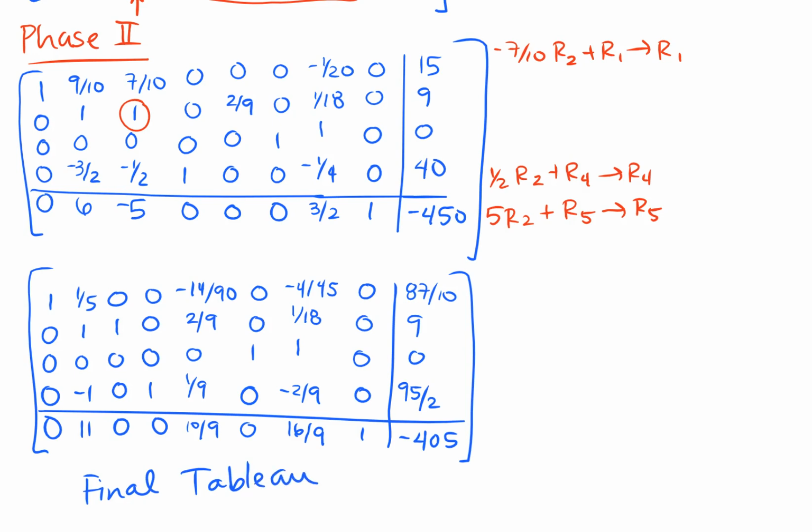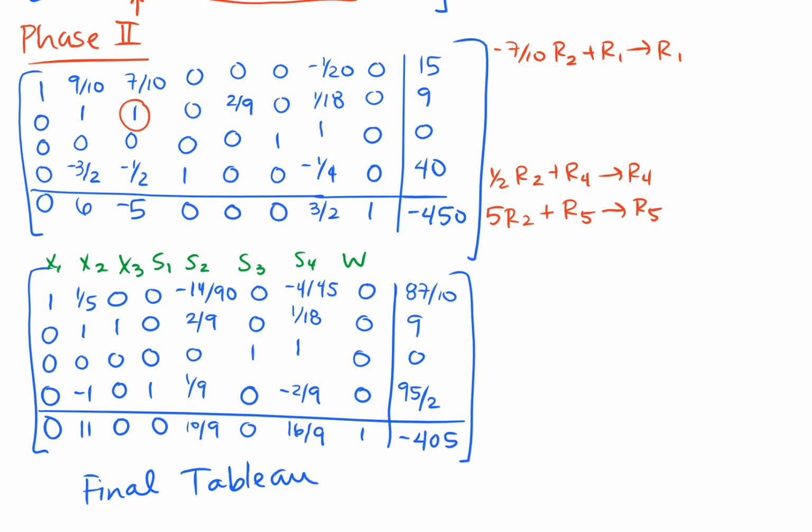Alright, so now that we have the final tableau, we can go ahead and interpret our results. So remember, the first columns are x1, x2, x3, and then we had slack 1, slack 2, slack 3, slack 4, and our final column represents w, not z, right? Not the same z that we started with. This is the opposite of z.